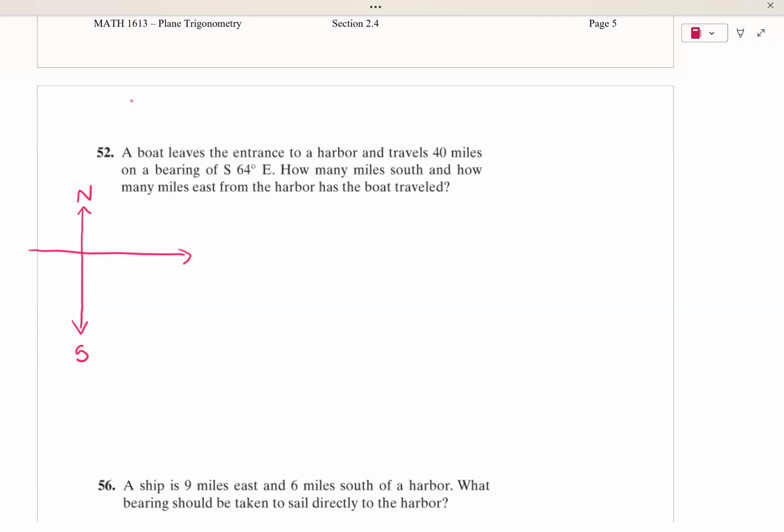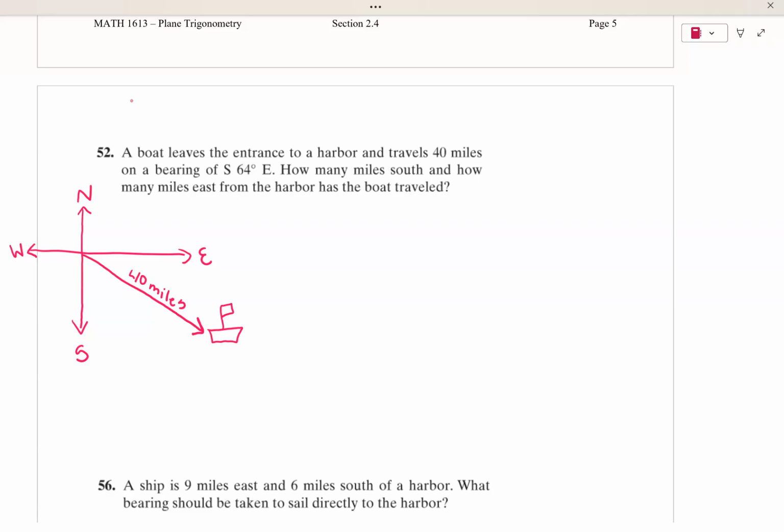Somewhere in here is our east and our west. So the boat leaves the harbor, so the boat's coming this way, 40 miles. So we have a little boat here. Not a very good artist, but it works.